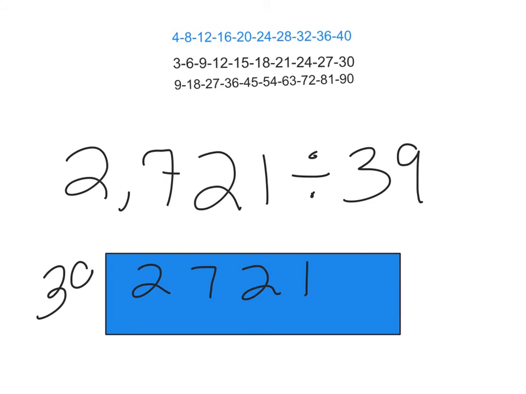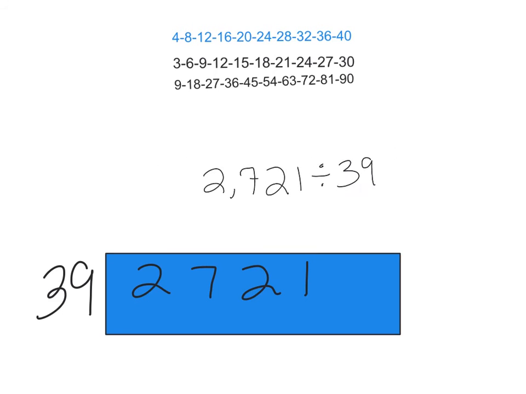The 39 goes outside the box, and I'm trying to see how many times 39 will go into 2,721. So 39 will not fit into 27, and that means I'm going to have to work with 272, and I'm going to have a place value holder for this right here, right? So I'll put a 0 here.